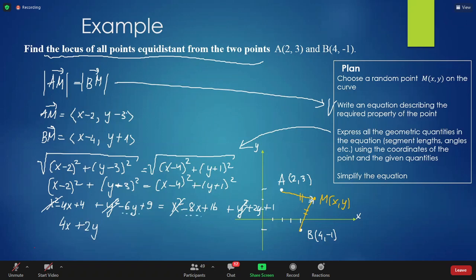Or we can write 2x plus y is 2. Or even, if you like, y is minus 2x plus 2. No, something wrong? Something went wrong with the signs. Sorry. Minus, and there's plus, and there's minus, and there's minus. Plus, okay. Minus 6y and minus 2y is minus 8.